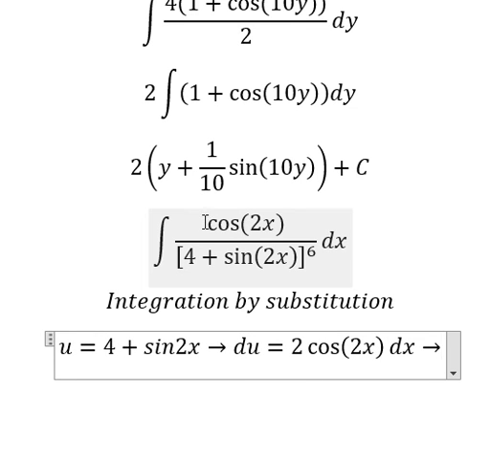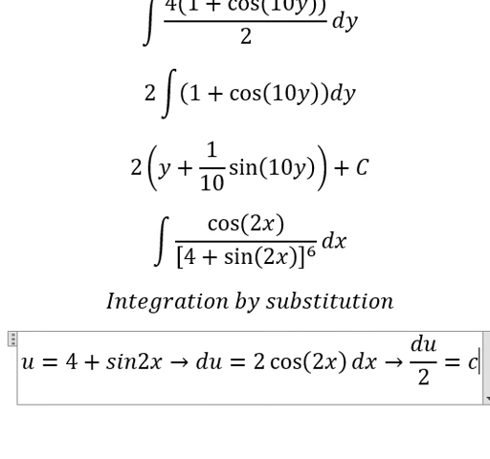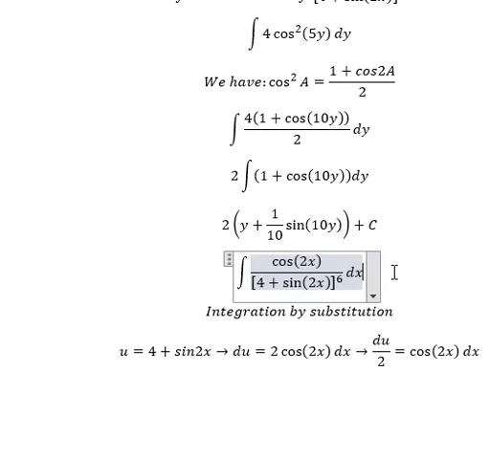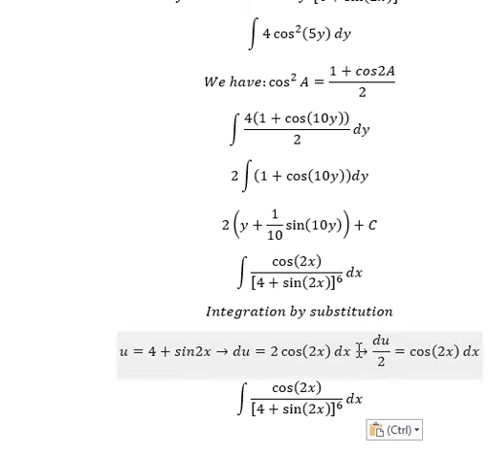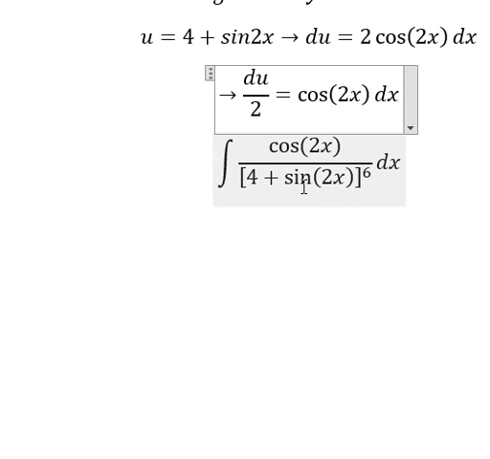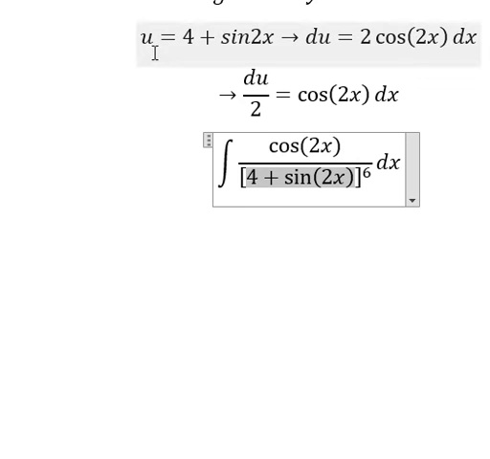Because we don't have number 2, so we need to divide both sides by number 2. So this one we change for u.